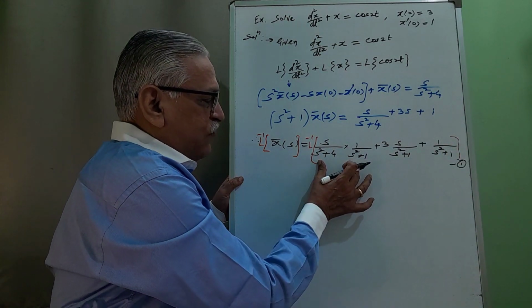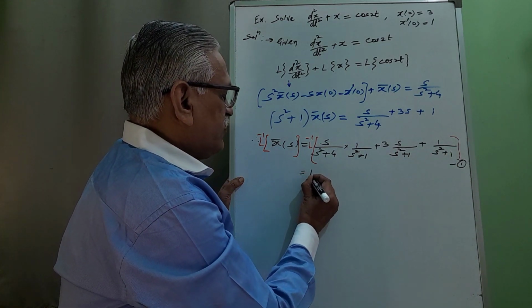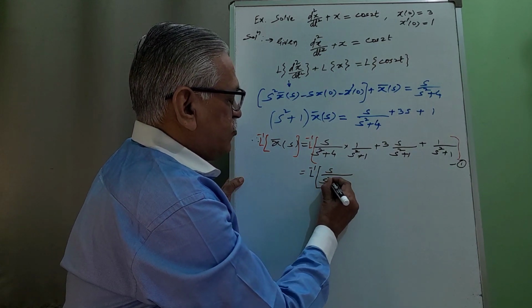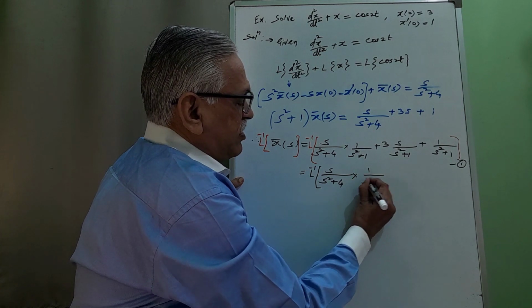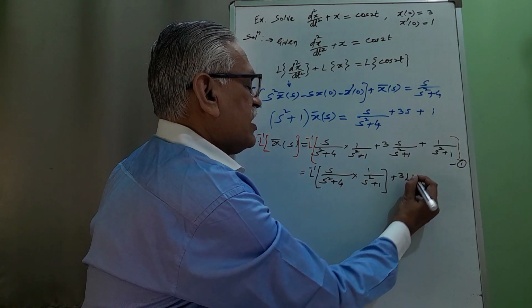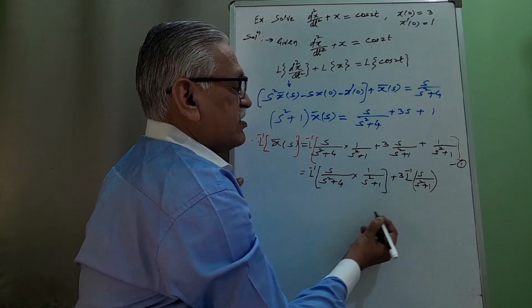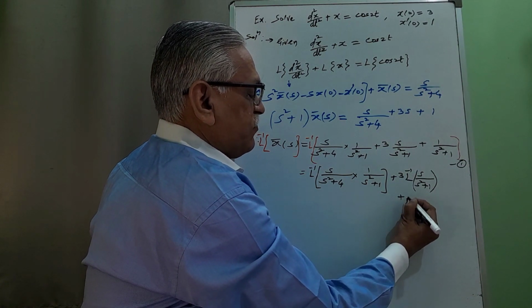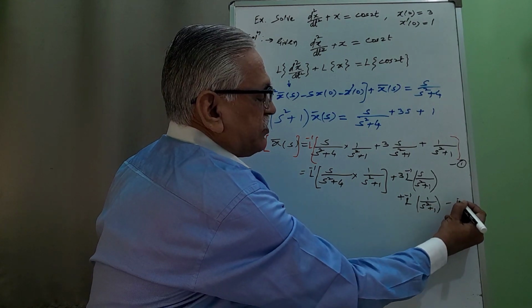Again, inverse of first term, inverse of second, inverse of third, and therefore it is inverse Laplace of s divided by s square plus 4 multiplied by 1 upon s square plus 1, plus 3 into inverse Laplace of s upon s square plus 1, and plus inverse Laplace of 1 upon s square plus 1. We call this equation 2.